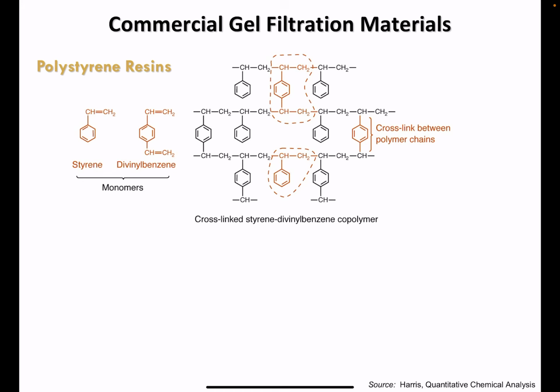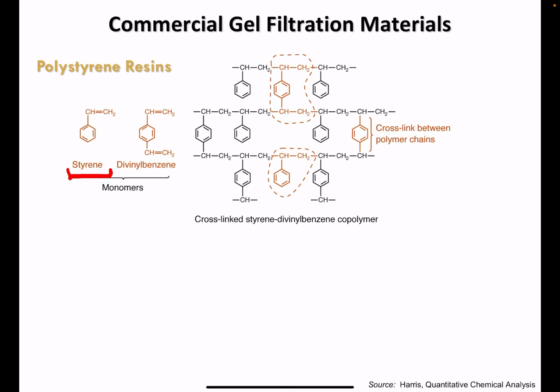What is some of the chemistry behind those resins that are used for the GPC or SEC columns? We mentioned that they're based on polymers, so here they can in fact be based on styrene themselves, which is the polymer under study in Lab 5 of Spring 21 Material Science 410 class.